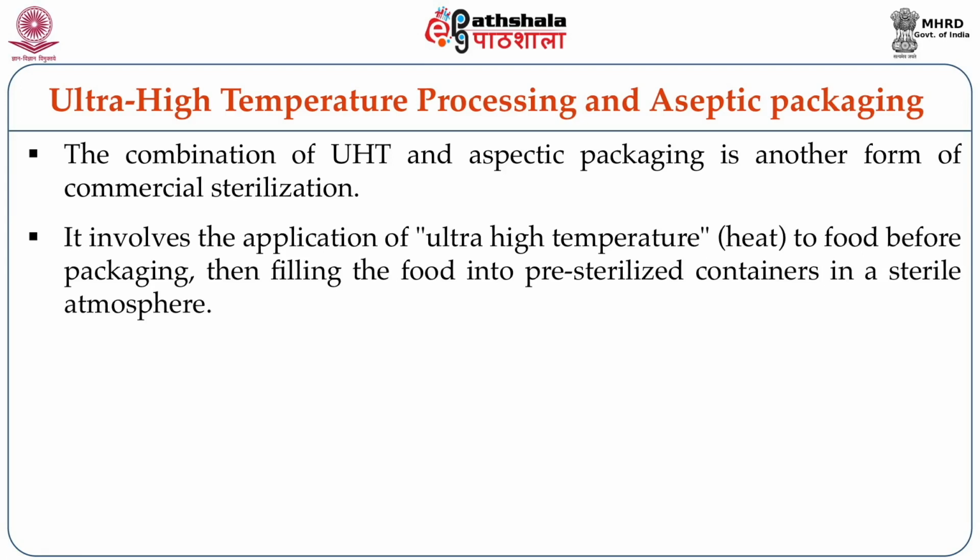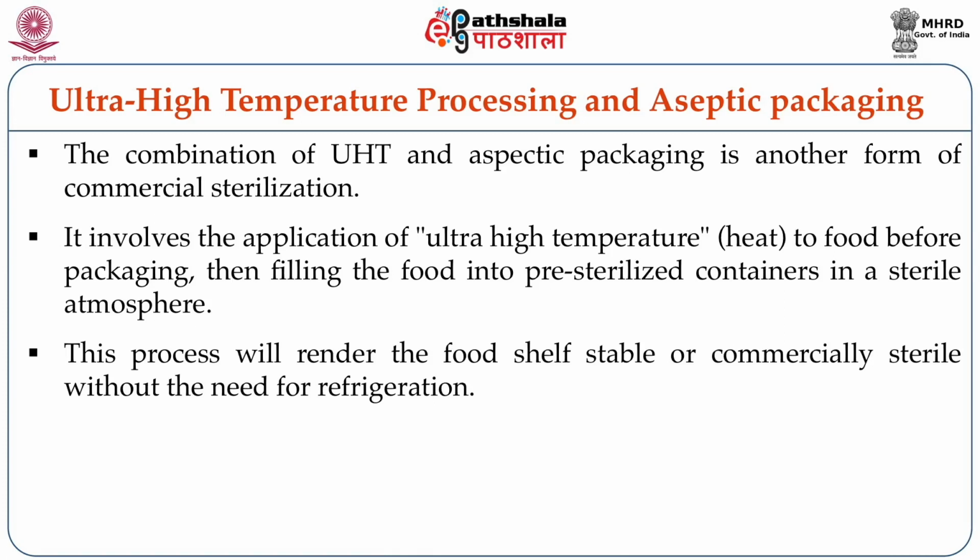It involves the application of ultra high temperature to the food before packaging and then filling the food into pre-sterilized containers in a sterile atmosphere. This process provides shelf stability and commercial sterility without the need for refrigeration, by storing the food under ambient conditions.